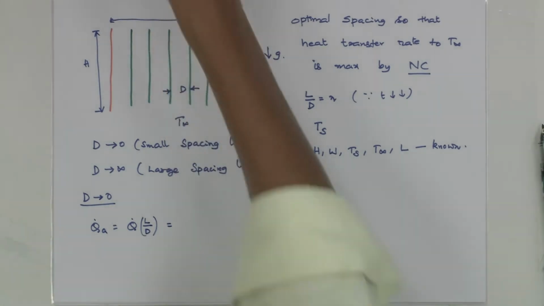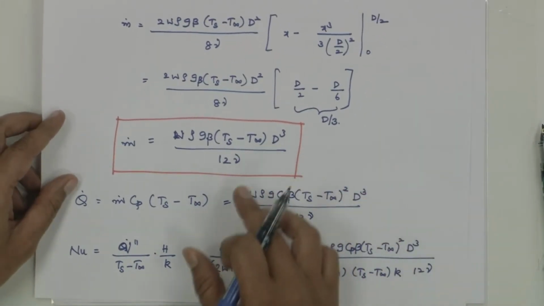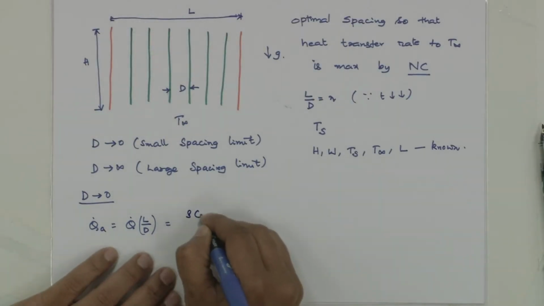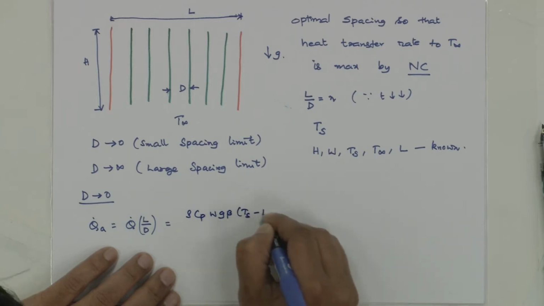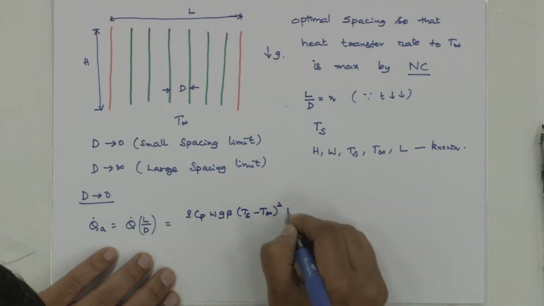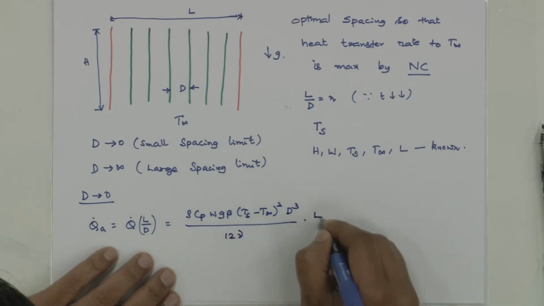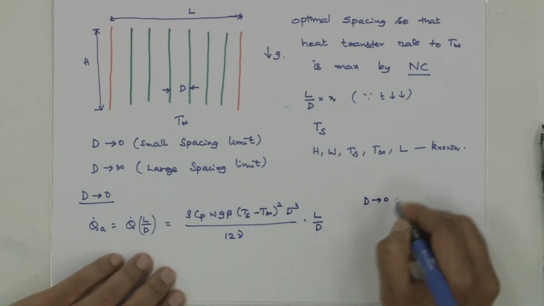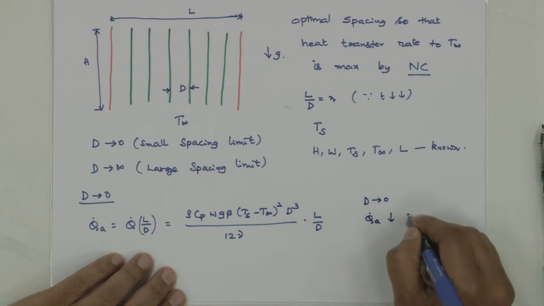We just now found Q dot equal to rho Cp W g beta Ts minus T infinity squared D cube divided by 12 nu, into L by D. Please notice that as D tends to 0, Q dot A decreases as D squared.